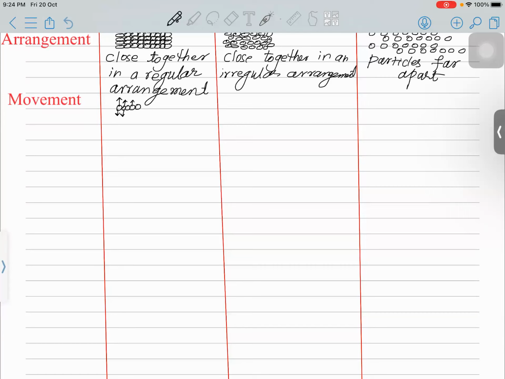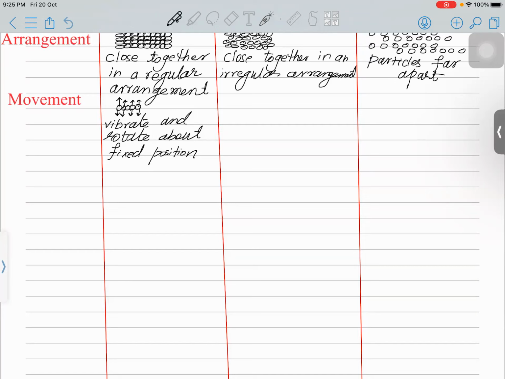Solid particles vibrate on a fixed position. So they vibrate and rotate about a fixed position.